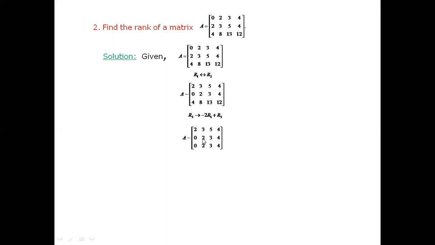And this is leading entry, means below this we have 2. So we have to make this element 0 by operating this row with R2. So what we can do, here also we have 2, here also we have 2, just we can subtract. Minus R2 plus R3.